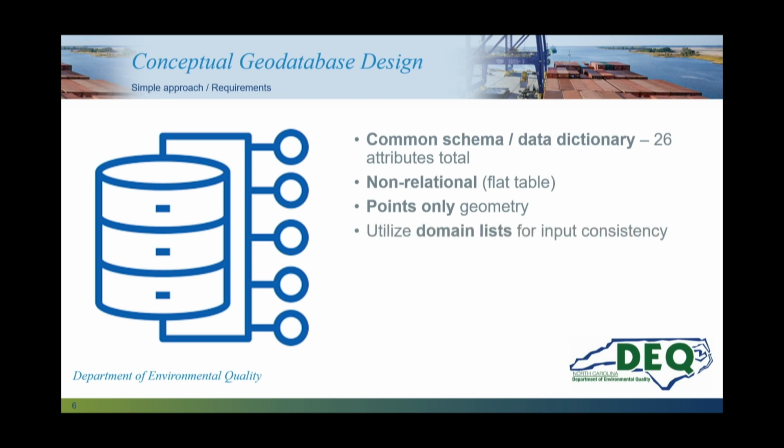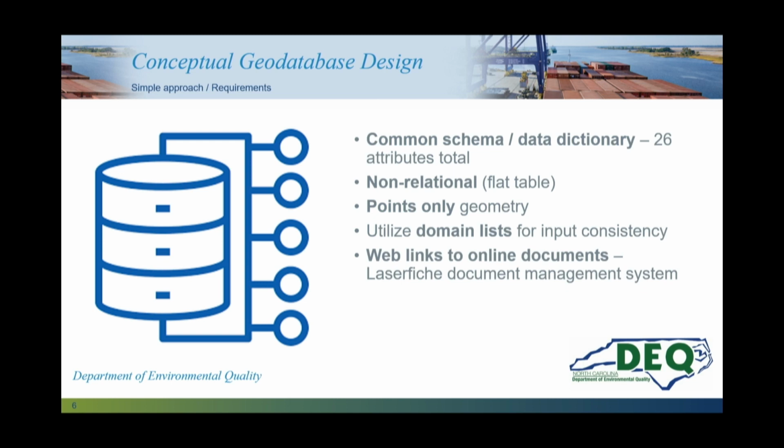We also wanted to keep with a set of chosen lists, so things like county. Obviously, we wouldn't have to enter in five different types of New Hanover County. It would just be one selection. So domain lists played a big part in keeping it consistent.